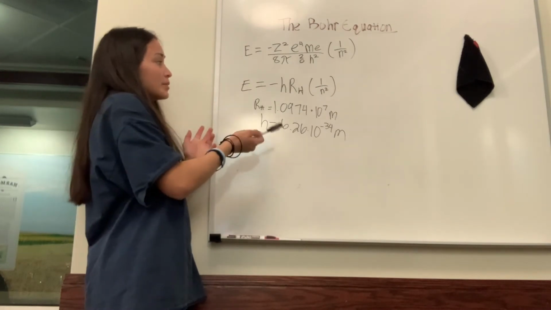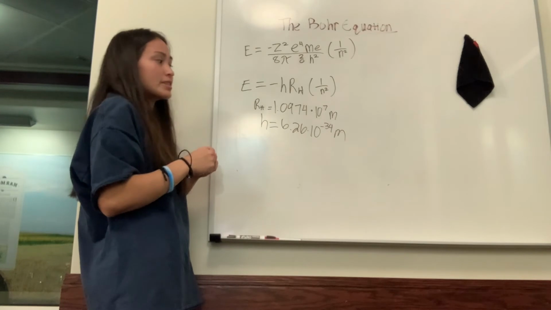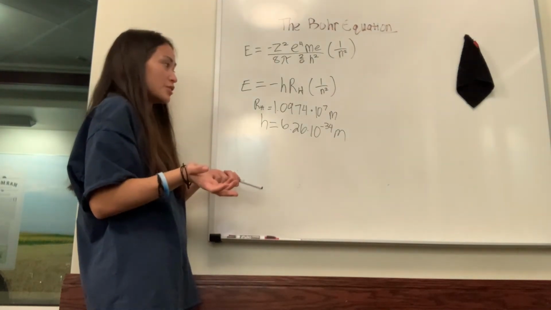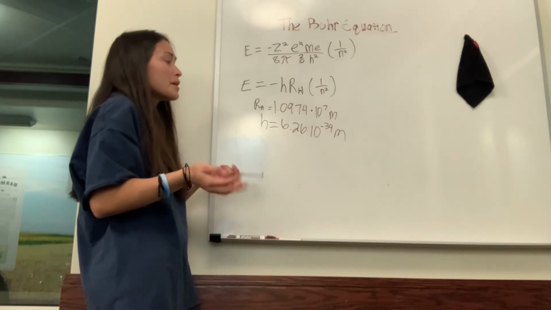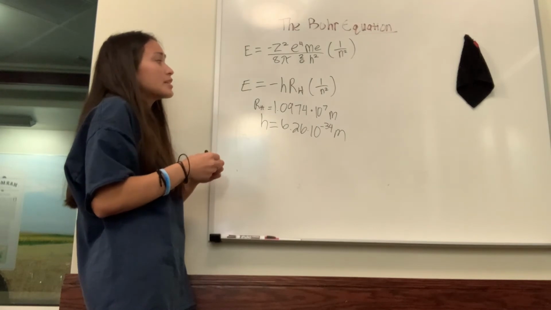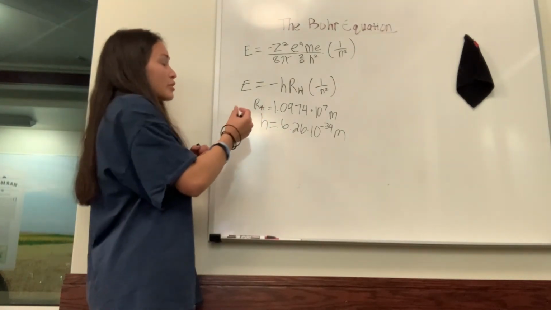And basically h is Planck's constant, 6.26 times 10 to the negative 34th. And then R_H is just equal to 1.0974 times 10 to the 7th per meter. And so basically, you can know one of two things from this equation.